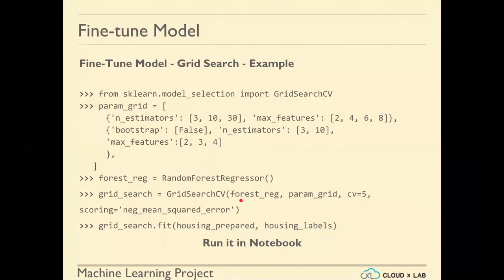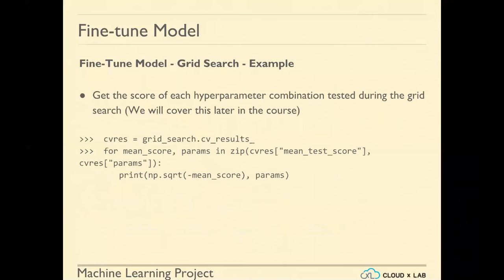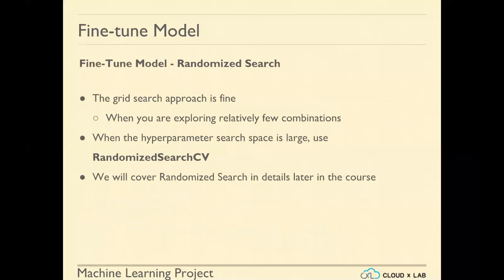It becomes a really time consuming process, and therefore grid search may be a wise idea, but may not be more efficient, right? So to tune hyperparameters, we also use something called random search CV.